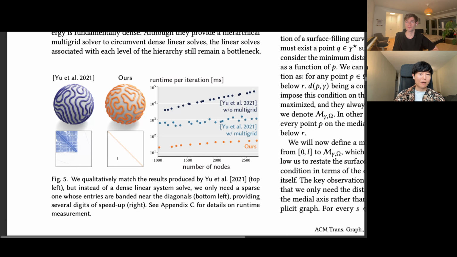One effect that's coming from the fact that we're only considering the energy locally is that if you see the results of the previous method and ours, ours is much more wiggly compared to the previous one. I feel like that comes from that fact. Since we're only considering the energy locally, there's a high chance of ending up with a curve that satisfies the surface filling constraint only locally.